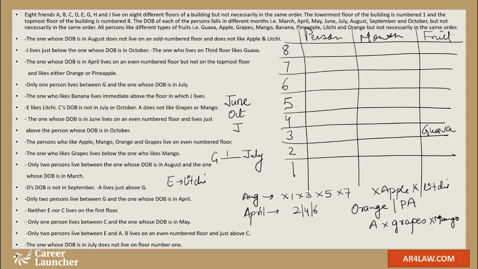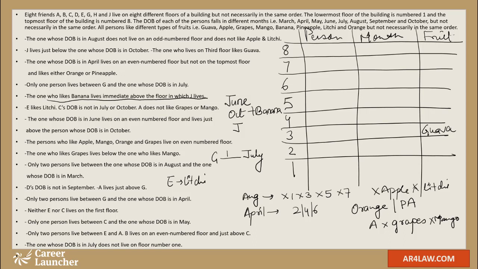Just below him, we have someone whose birthday is in October, and then we have J. Also, the one who likes banana lives immediately above the floor in which J lives, leading me that the person whose birthday is in October, the same person likes banana. So now we have 3 consecutive floors arranged here.